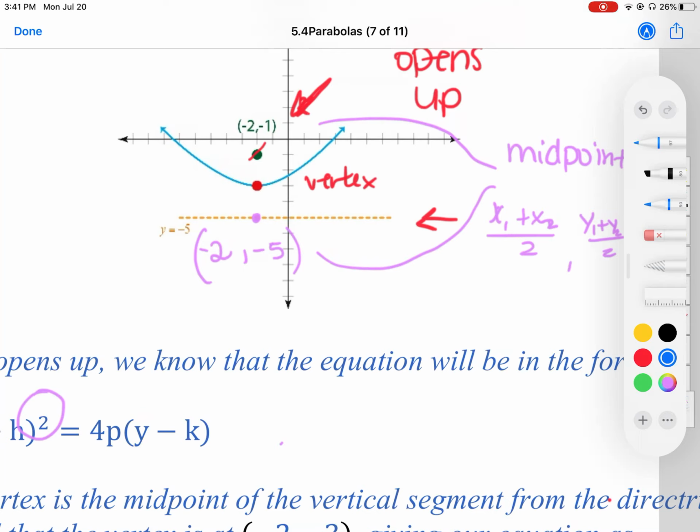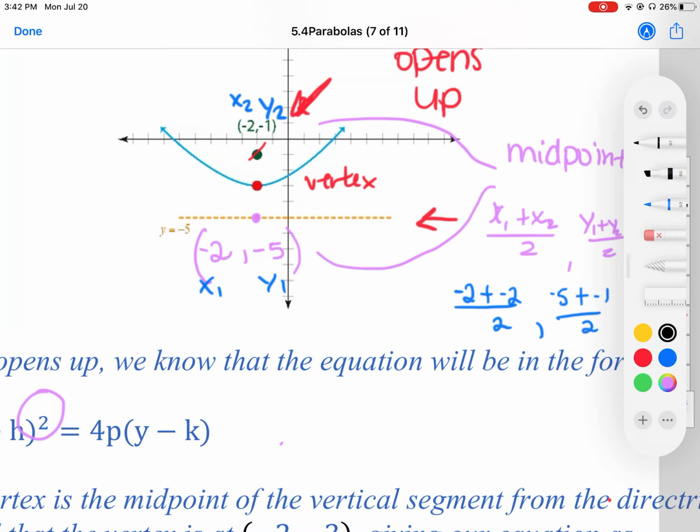So we have x1, y1, x2, y2. Let's do that work since we don't have it in our text. x1 is -2 plus x2 is -2, we're going to divide that by 2. Our next coordinate will be y1, which is -5, plus y2, -1, divided by 2.